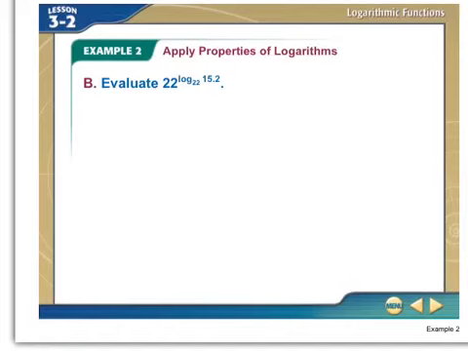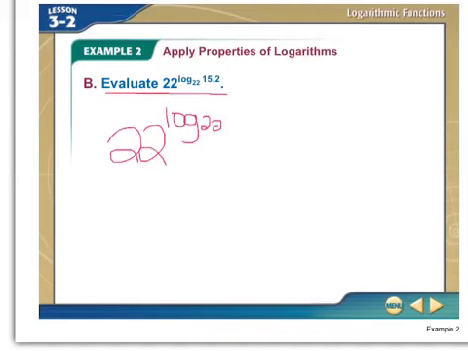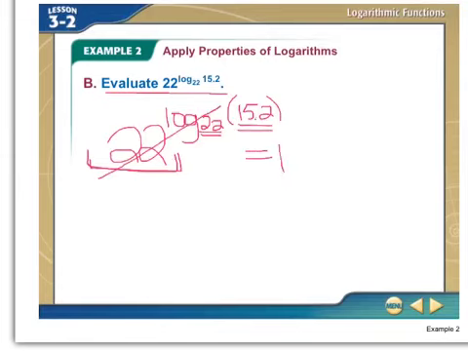In example 2, part B, we're asked to evaluate 22 raised to the logarithm base 22 of 15.2. In this example, we can apply the property that states if we have an exponential base that is the same as our logarithmic base and we are raising that base of 22 to the logarithm of base 22, we can say that these cancel out and we're just left with our input, which is 15.2.